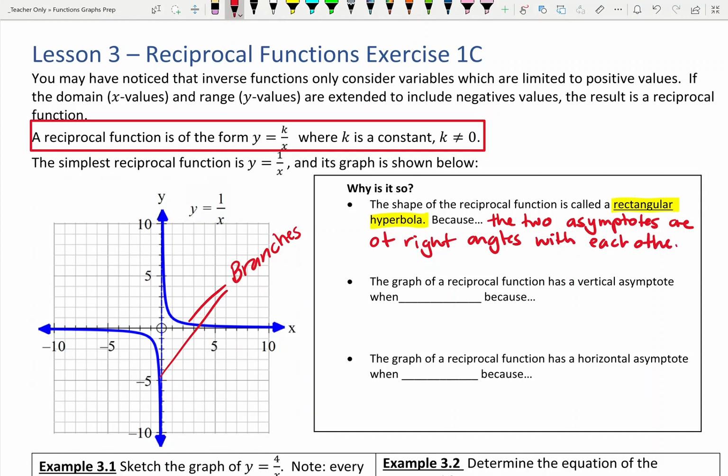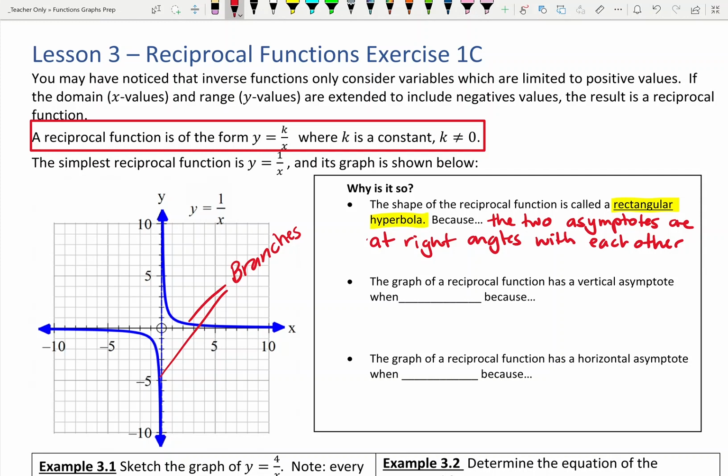That's not always the case, but in the cases that we are looking at, we will only be dealing with rectangular hyperbola. Rectangular simply means having right angles. It doesn't necessarily mean an actual rectangle, it just means having right angles.